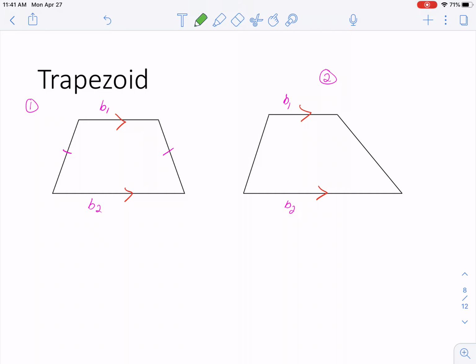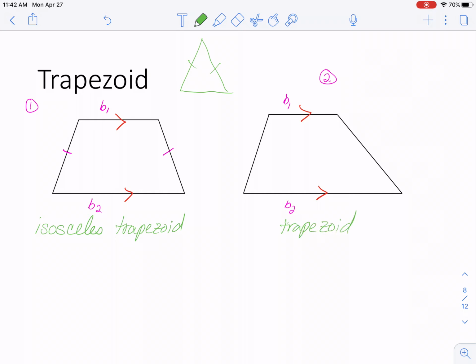So, trapezoid number 1, what do we call a triangle where two of the sides are equal to each other? You're right. It is an isosceles, but it's not an isosceles triangle. It's an isosceles trapezoid. Versus number 2, which we would just call a trapezoid.